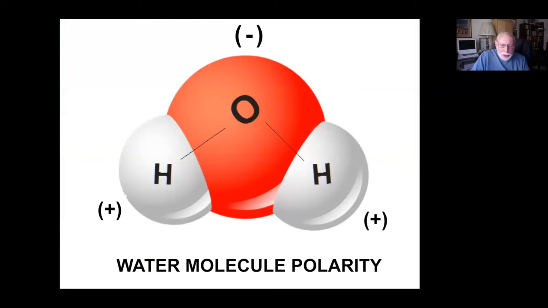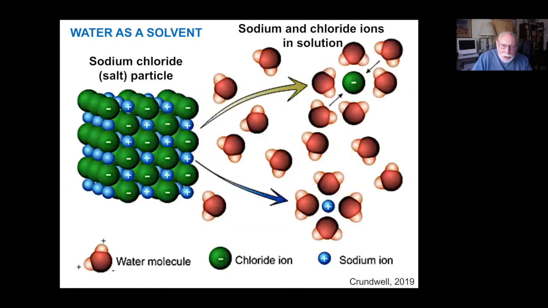We noted that the water molecule is kind of strange in that the charges are not symmetrically arrayed. And because of this, it can incorporate a lot of ions in solution. So it's a very good solvent. Some have called it the closest thing we'll ever have to a universal solvent.